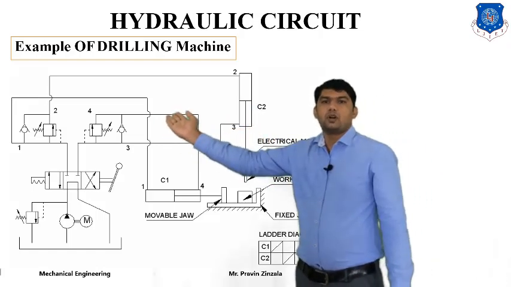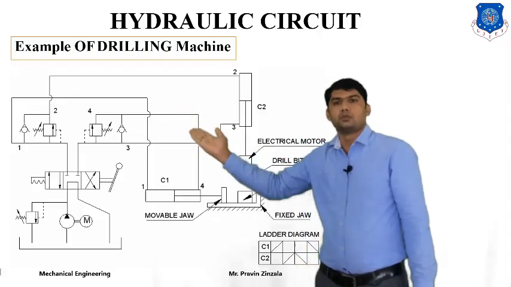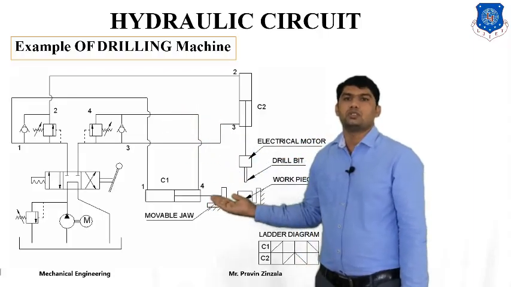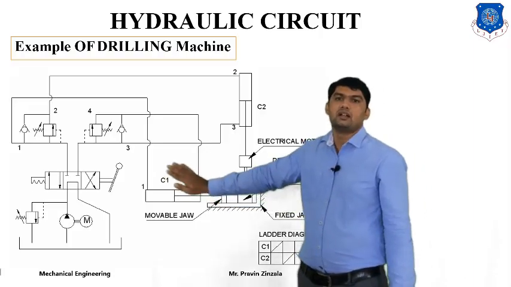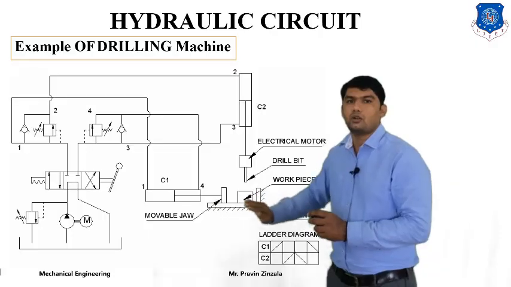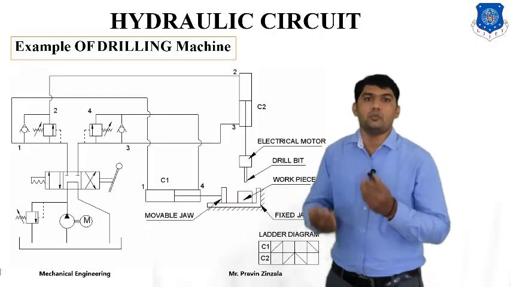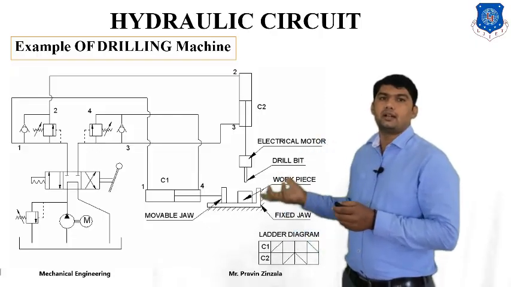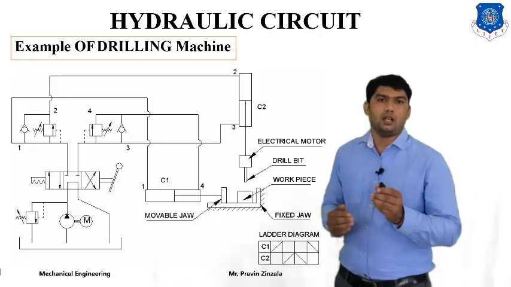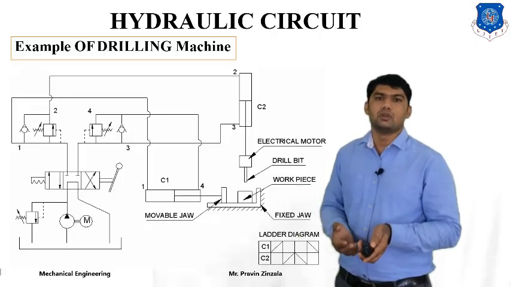This valve number 4 will come into action and supply fluid to the fourth position, meaning cylinder number 1, and this cylinder will retract, so our object will be passed out. So this is the automatic operation of a drilling machine for automatic drilling. This is the application of the sequence valve for operating a drilling machine.